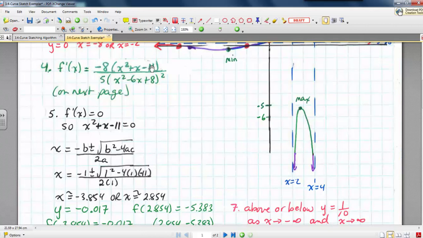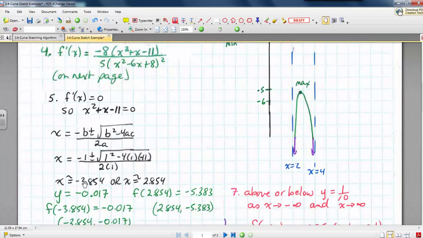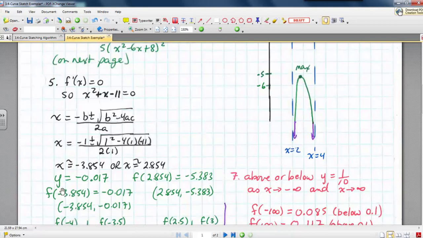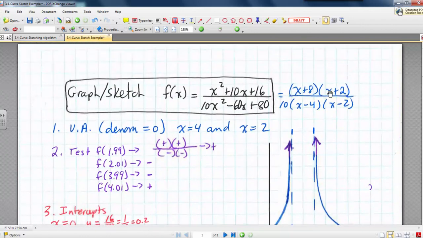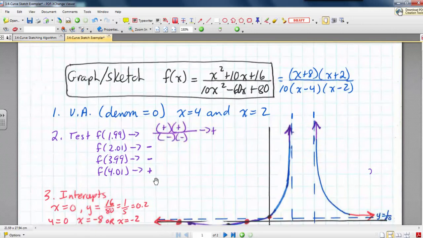That's the only thing that can make this whole expression go to 0. I used the quadratic formula to solve and found that x is negative 3.854 or 2.854. The y values that go with that are there and there. Basically I'm just plugging the x's back into the very original equation, this one or this one, whichever seems easier.